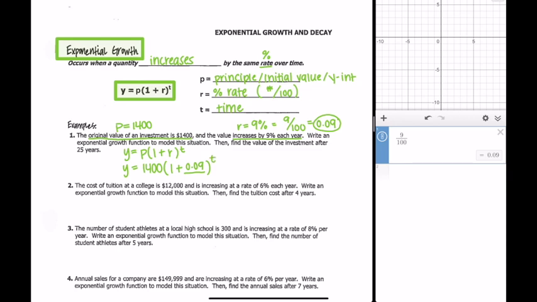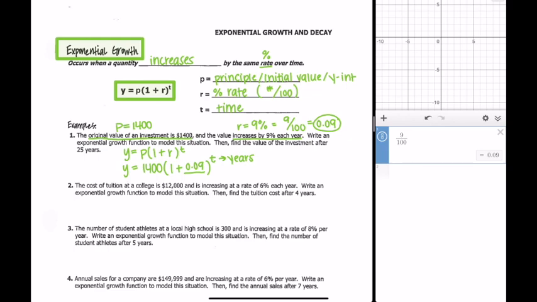Now t can be any amount of time as long as it's in years, because we were told that this rate applies to each year. So as long as t is in years, we can plug in however many years we want to find how much that investment is worth so many years later.